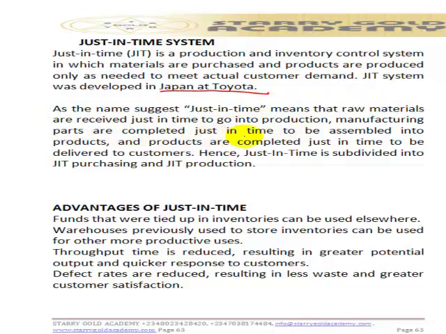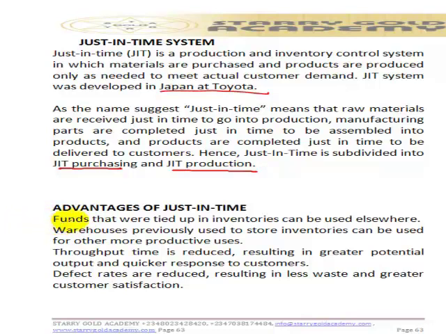Manufacturing parts are completed just in time to be assembled into product, and products are completed just in time to be delivered to customers. Hence, just in time is divided into just-in-time purchasing and just-in-time production. This we will discuss much more in depth when we move to one of the chapters in this course, but because it's one of the aspects of control levels, I don't want us to skip it.